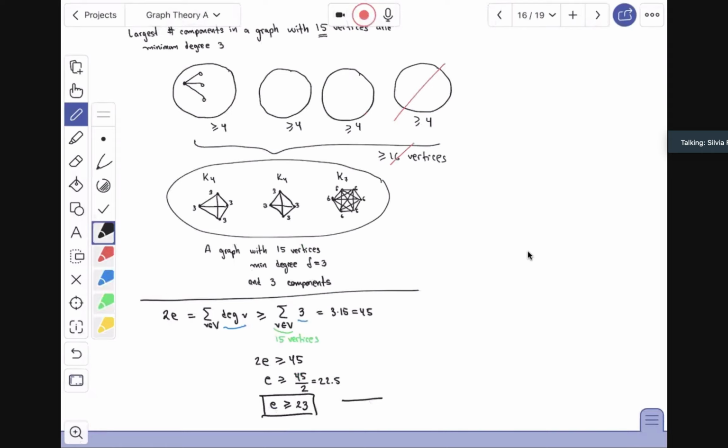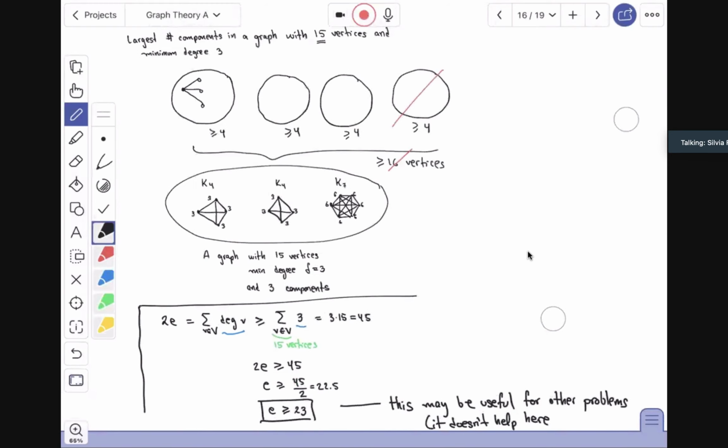This might help you with other problems, but not here. But it's a good illustration of how you could bound the number of edges.